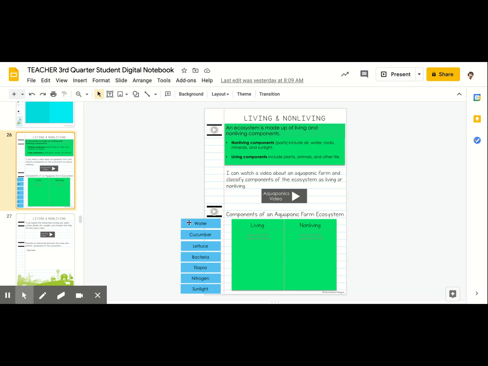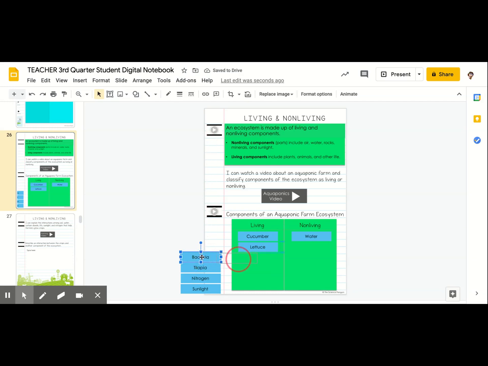Water would be non-living, right? Definitely very important, but it is not alive. It is not living. Cucumbers, on the other hand, are living. They are plants. Lettuce as well. It's also a plant that is living in that ecosystem, and so is bacteria.